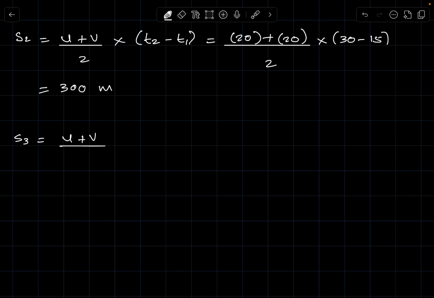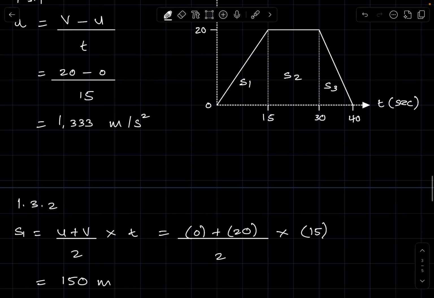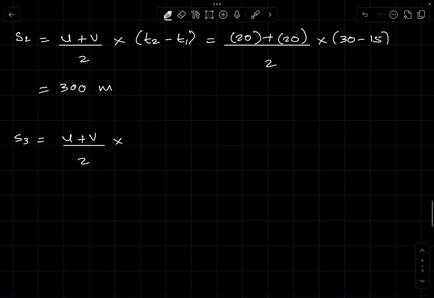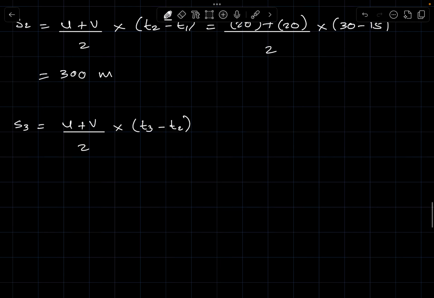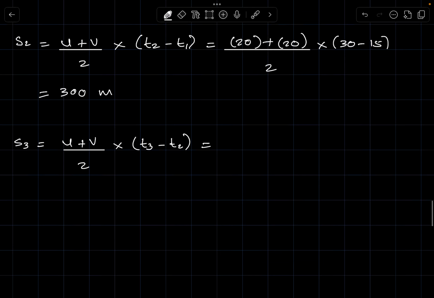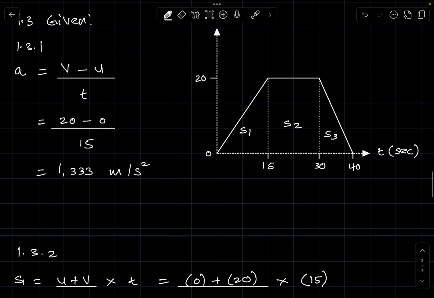right, this ends at t3. So to find the time that the object moves from this point to this point, we say t3 minus t2. Now what is the initial velocity in section 3?